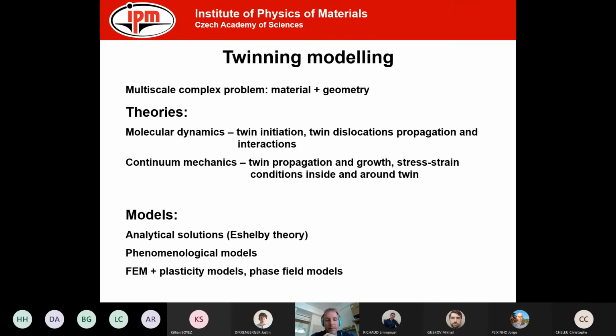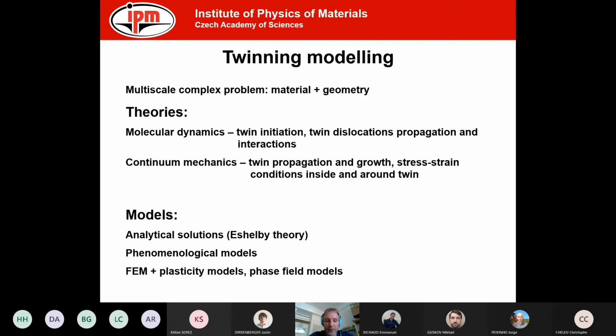And at the higher length scale, you can use continuum mechanics, where you can study the twin as a whole object that is inside the microstructure. And again, you can study twin propagation and growth, and you can describe the stress strain conditions inside the twin or in the close vicinity of the twin.